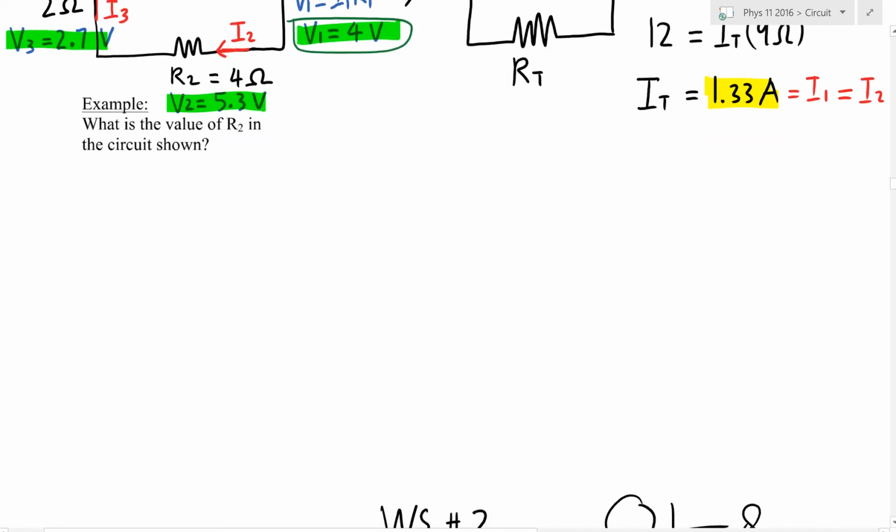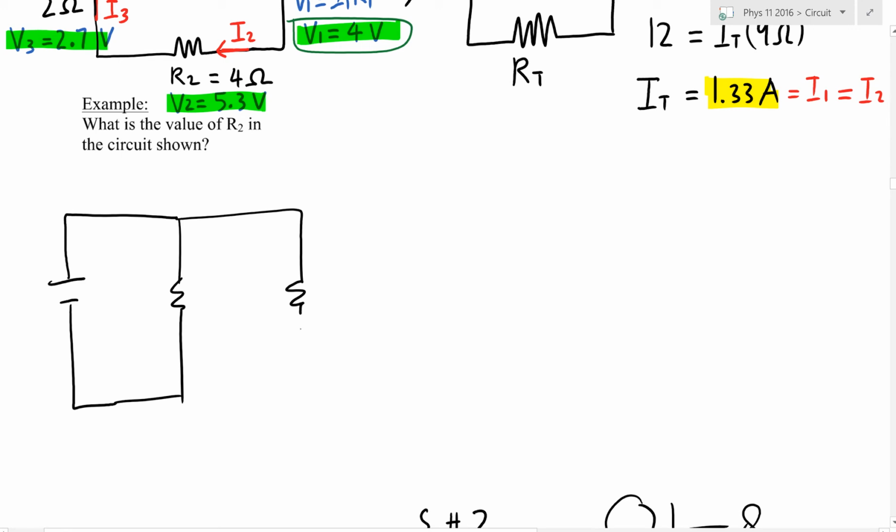Okay. So again, it's missing a picture. So we're going to be doing that in here. So we're going to have a parallel circuit. So this time, parallel, so draw a battery first, and then let's draw like 3 resistors. So resistor, resistor, and also resistor.